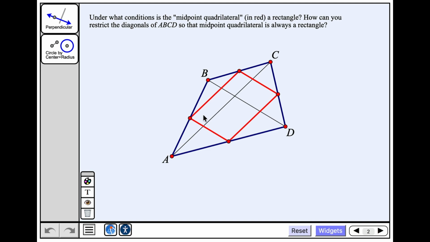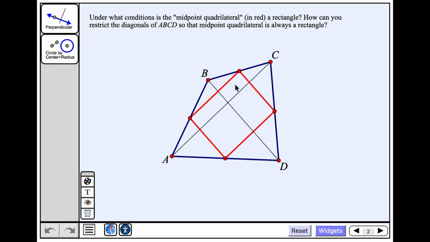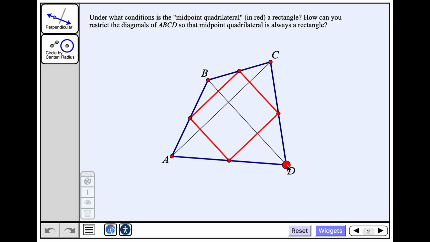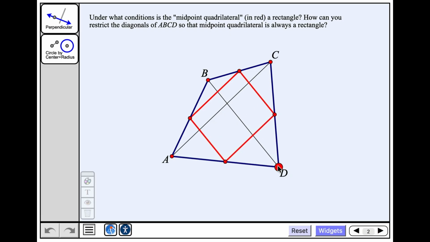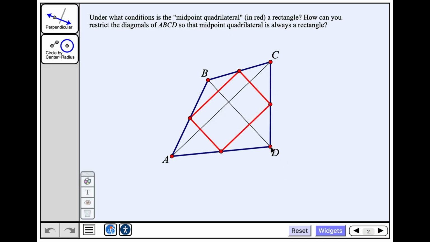Well, if we want the red parallelogram to be a rectangle, then the diagonals AC and BD need to be perpendicular to each other. And I can approximate that here by dragging point D to keep BD perpendicular to AC, but I want to be able to ensure that it is always perpendicular to AC no matter how I drag it.